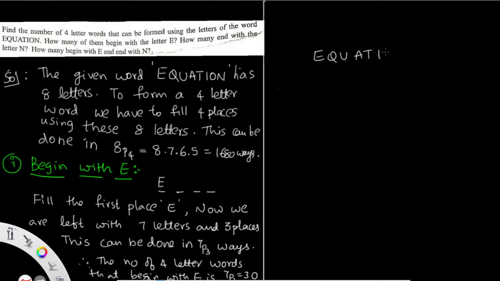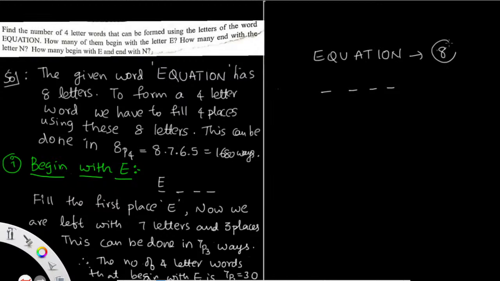The given word is EQUATION, so we have to fill places 1, 2, 3, 4 to form a 4-letter word. Counting the letters in EQUATION: 1, 2, 3, 4, 5, 6, 7, 8. So 8 letters are there.